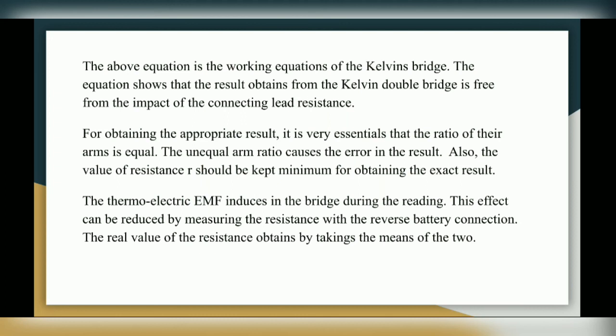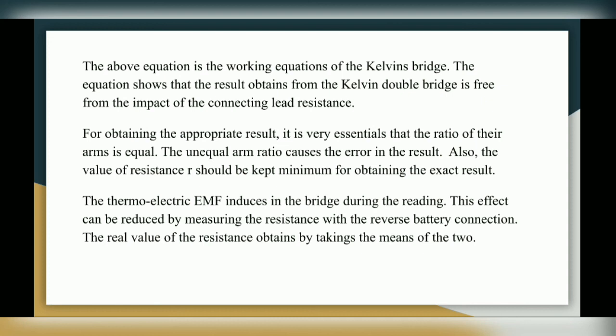The above equation is the working equation of the Kelvin's bridge. The equation shows that the result obtained from the Kelvin's double bridge is free from the impact of the connecting lead resistance. For obtaining the appropriate result, it is very essential that the ratio of the arms is equal. The unequal arm ratio causes error in the result.